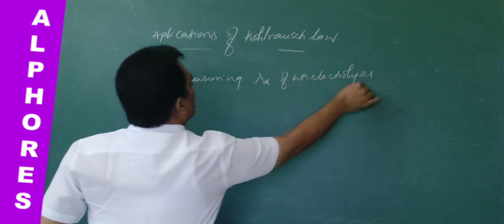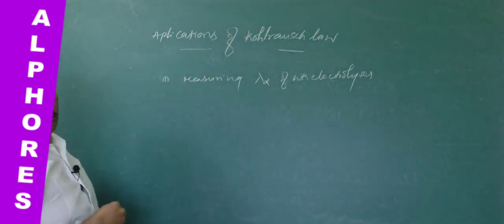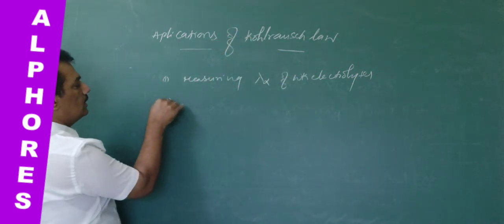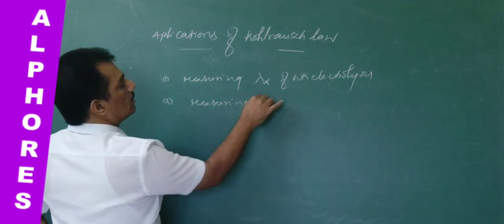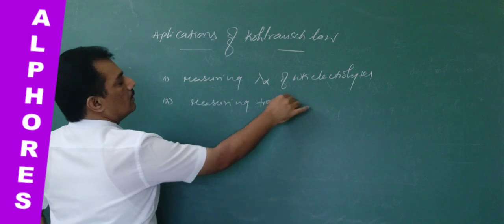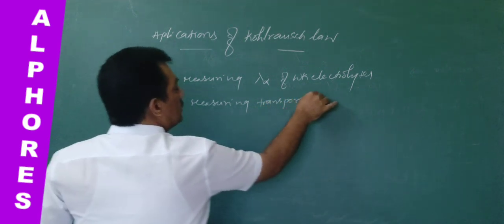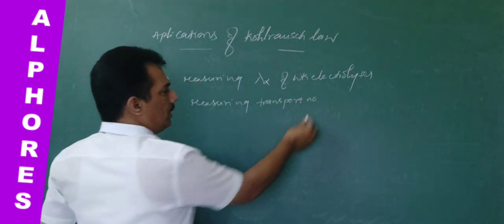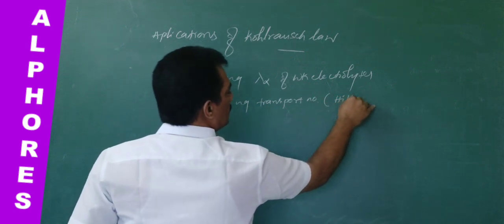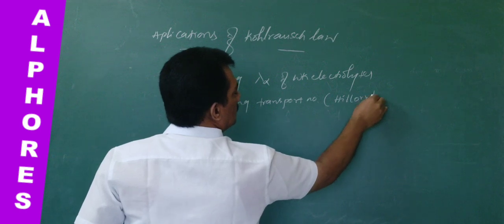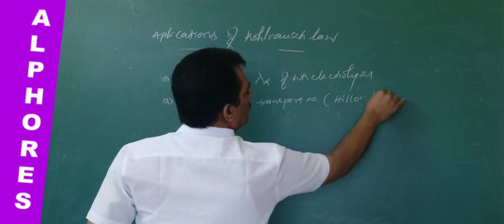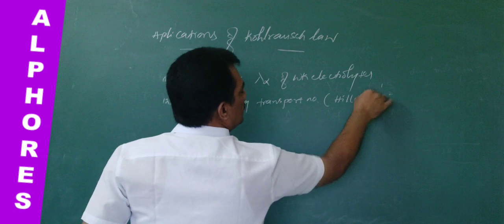Here we find one application of the Kohlrausch law. The second one is in measuring the transport number, which was proposed by Hittorf and is thereby also known as Hittorf's number.